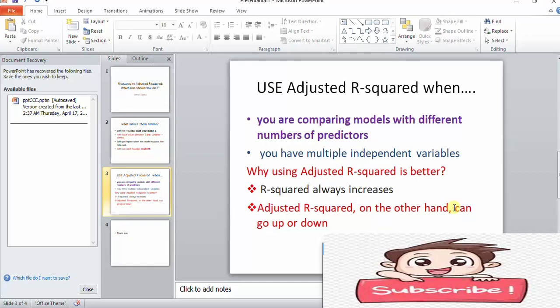Why? Because in short, R square simply inflates or increases when you add an additional independent variable into your model. Whether or not the additional independent variable is important to improve the model, R square simply increases without considering the role of the additional independent variable to enhance your model.